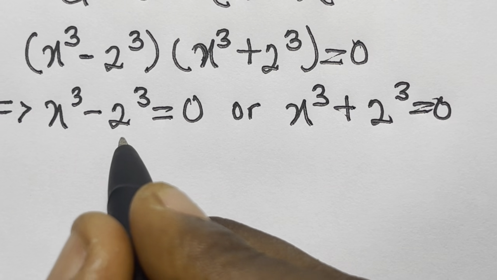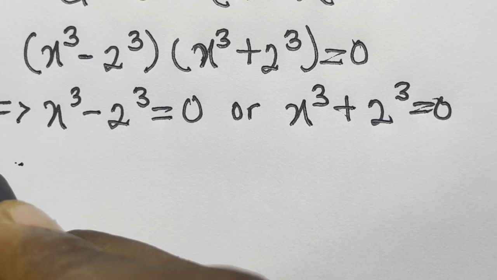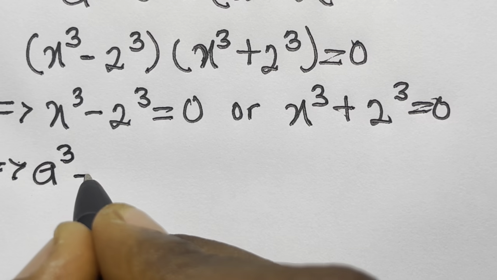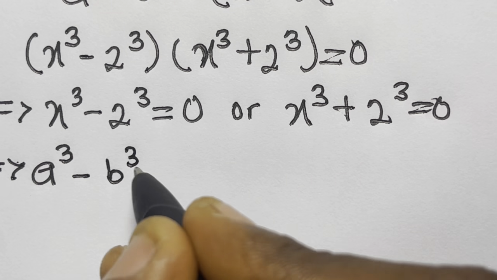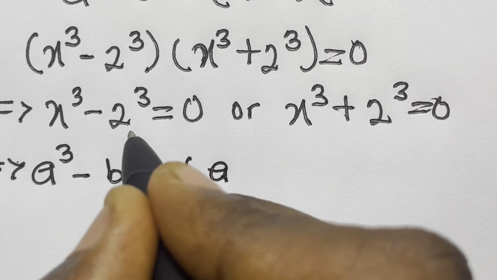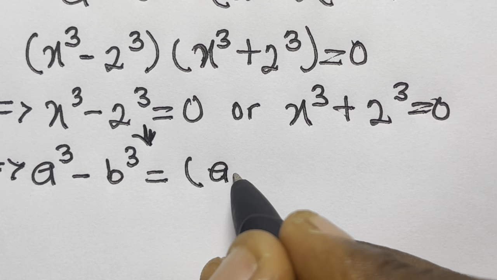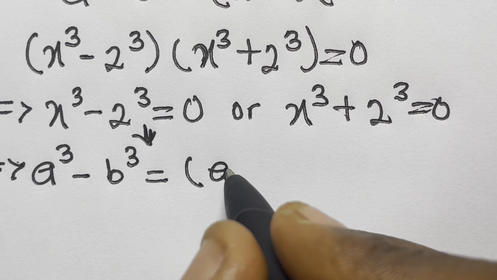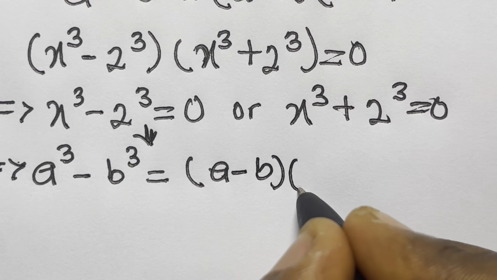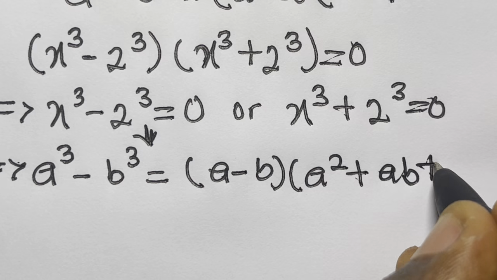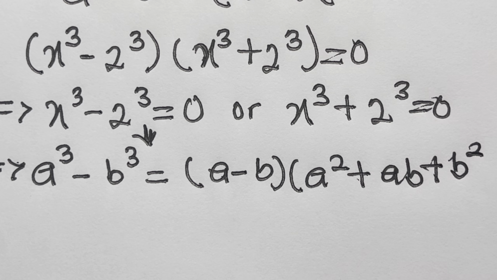So here, as I said, let's say we have a raised to the power 3 minus b raised to the power 3. This equals a minus b, then a squared plus ab plus b squared.